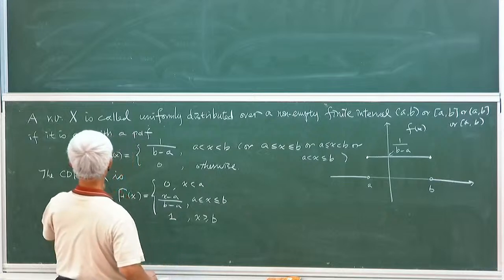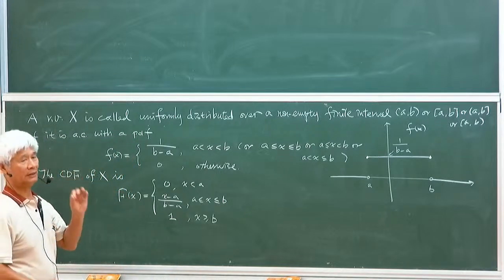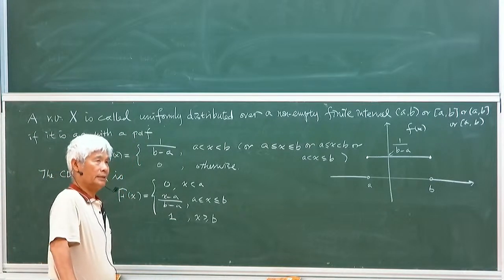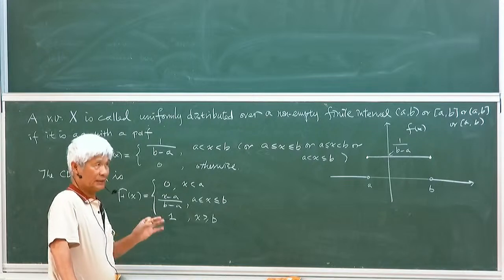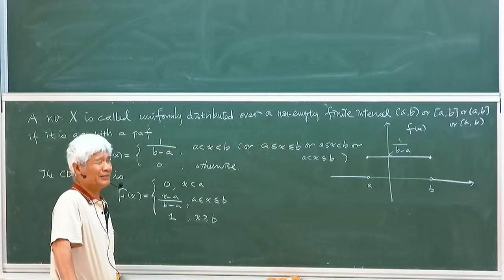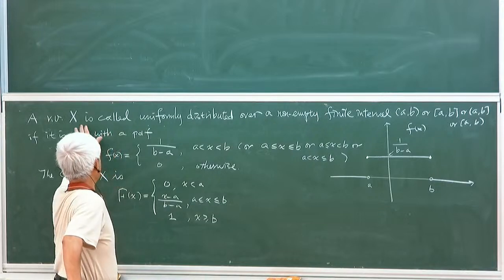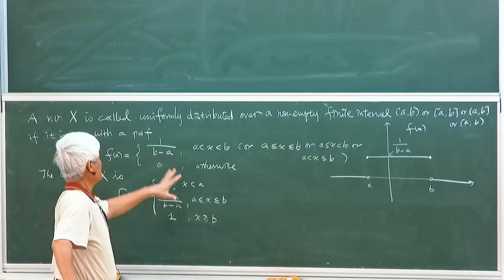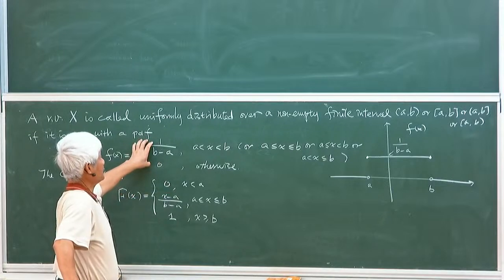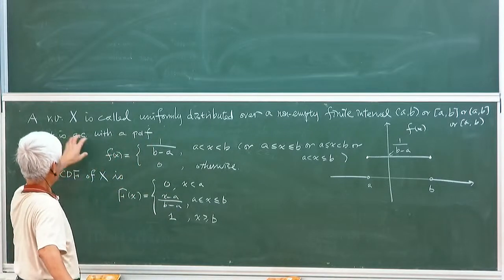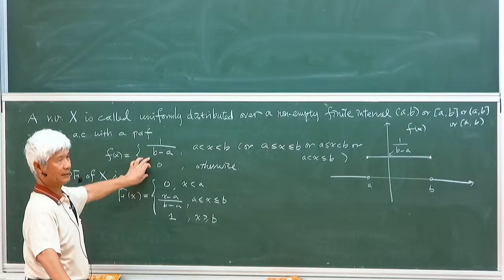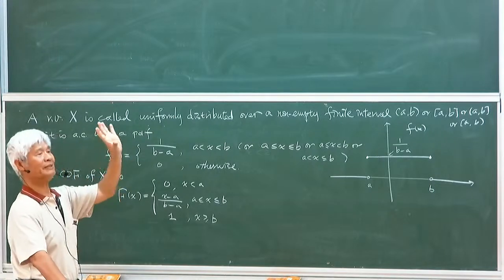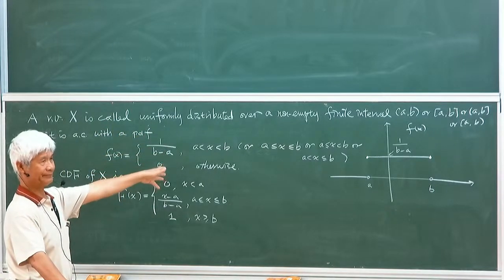As we have shown before, an absolutely continuous random variable has infinitely many PDFs. So we say that X is uniformly distributed if this random variable has a PDF of this form, but actually it has infinitely many other PDFs.